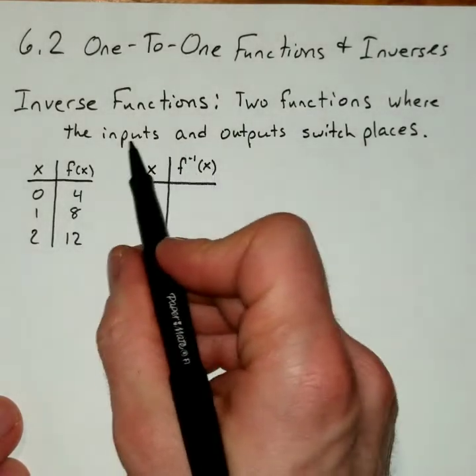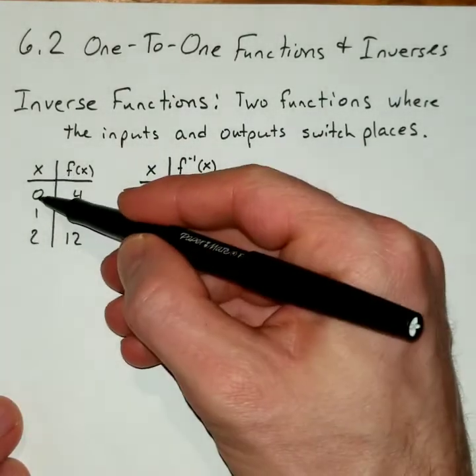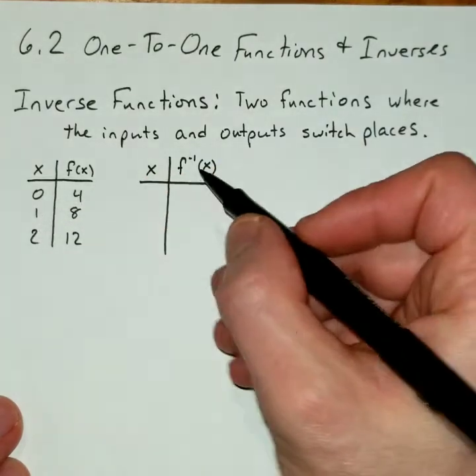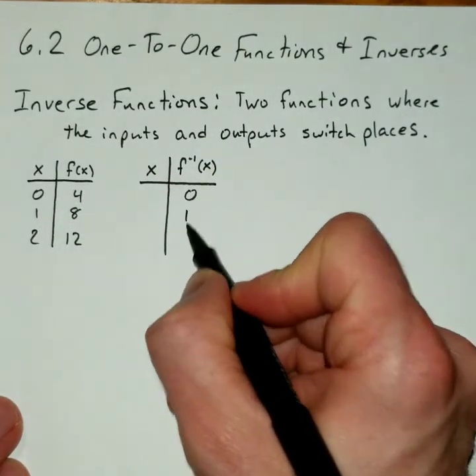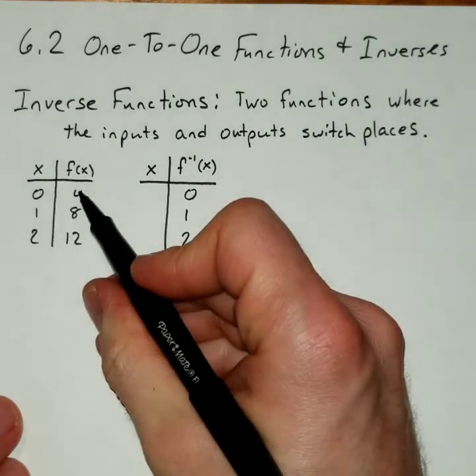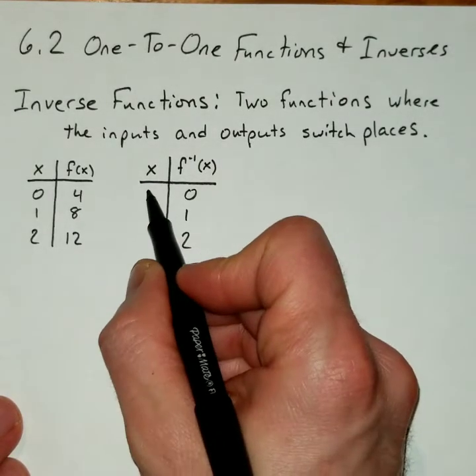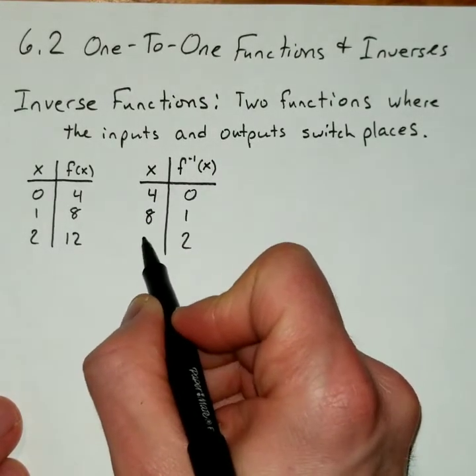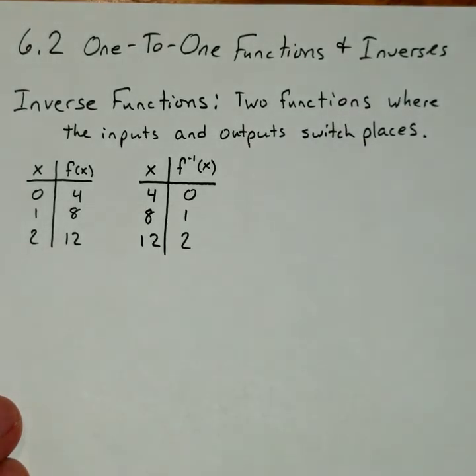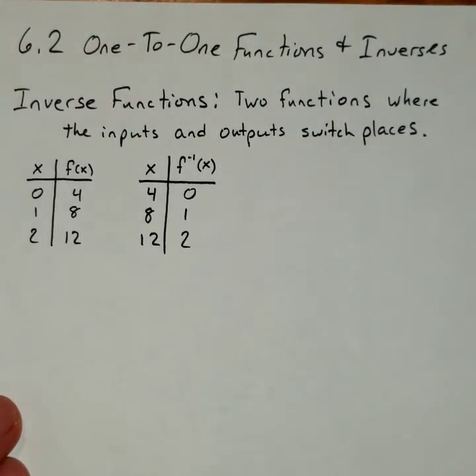What happens is the inputs and the outputs switch places. All that means is all the inputs for one function become the outputs for the other function, and the outputs from the first become the inputs for the second. Very simple idea. You just switch the order of the ordered pairs.